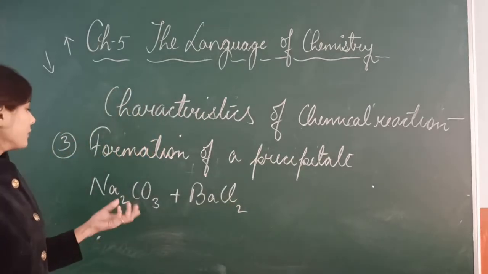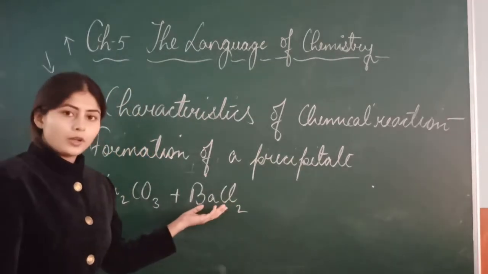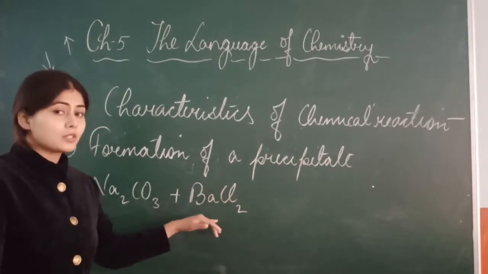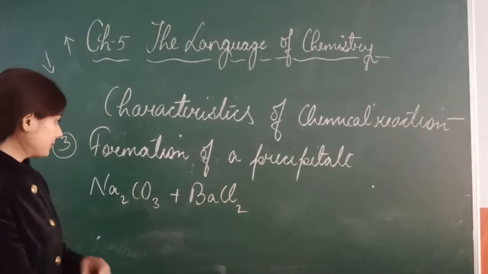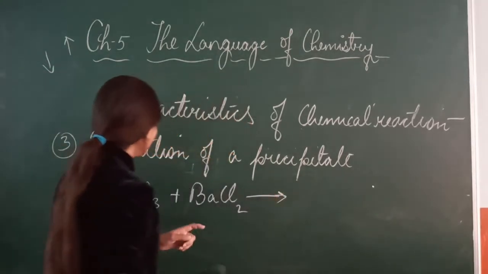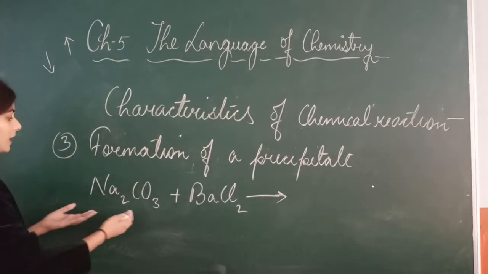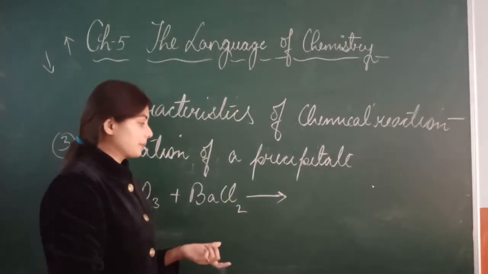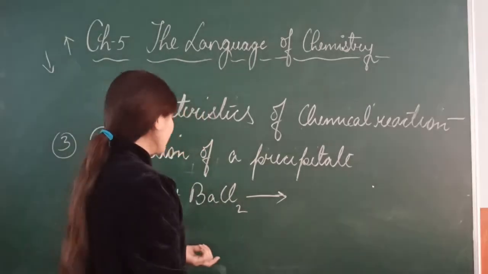You can see here I am always writing in formulas. All the equations I am writing are a symbolic representation of a chemical reaction. You can write in words also, sodium carbonate and barium chloride in words, but try to learn the formula also.